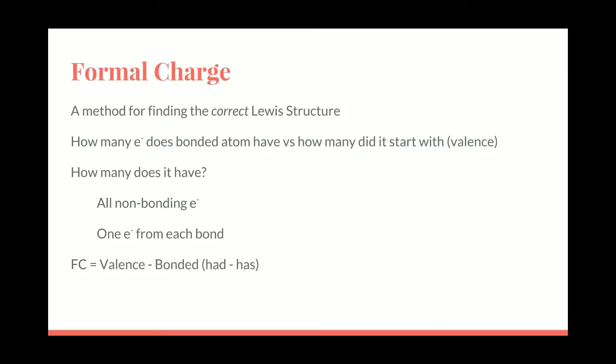You do this for all the atoms in your molecule, and you compare the number of electrons in the bonded atom with the number of valence electrons that it started with. Okay. And how many electrons does the bonded atom have? It's all of its non-bonding electrons, and then 1 electron from each bond. So then you just take the valence electrons, you subtract the bonded electrons, and that gives you your formal charge.